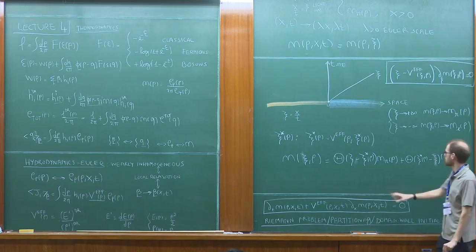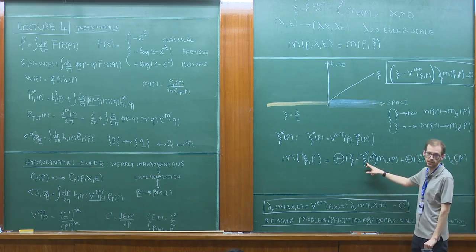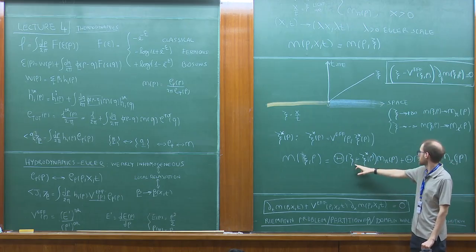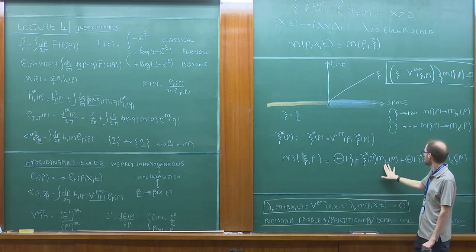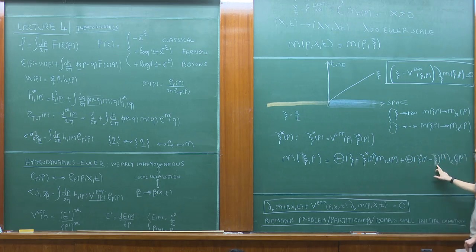So every time xi is equal to one of these xi star values, which are functions of p, you have a jump. So you have a theta, a Heaviside step. And in particular, you see that for xi to plus infinity it matches the right boundary condition. For xi to minus infinity, it matches the left one. And every time you have a jump for certain specific values of xi star, your solution essentially changes, interpolates from left to right.